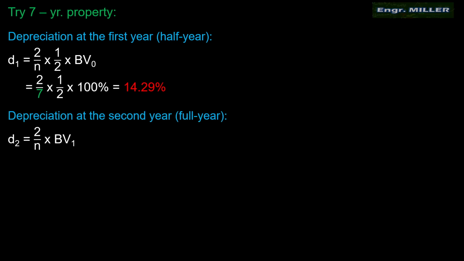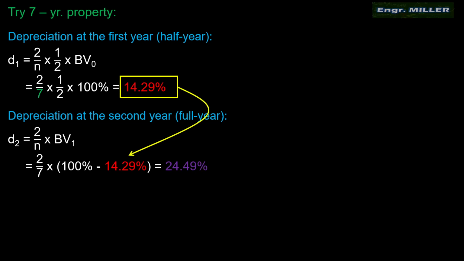Sa second year, again, ito na ay magiging full year. So, ito na ay mawawala na yung 1/2. So, again, 2 over n times the book value. Yan ngayon ay 2 over 7 times 100%. Again, yung 14% doon sa first depreciation, kunin mo, i-minus mo doon sa 100%, and then magiging 24.49%.